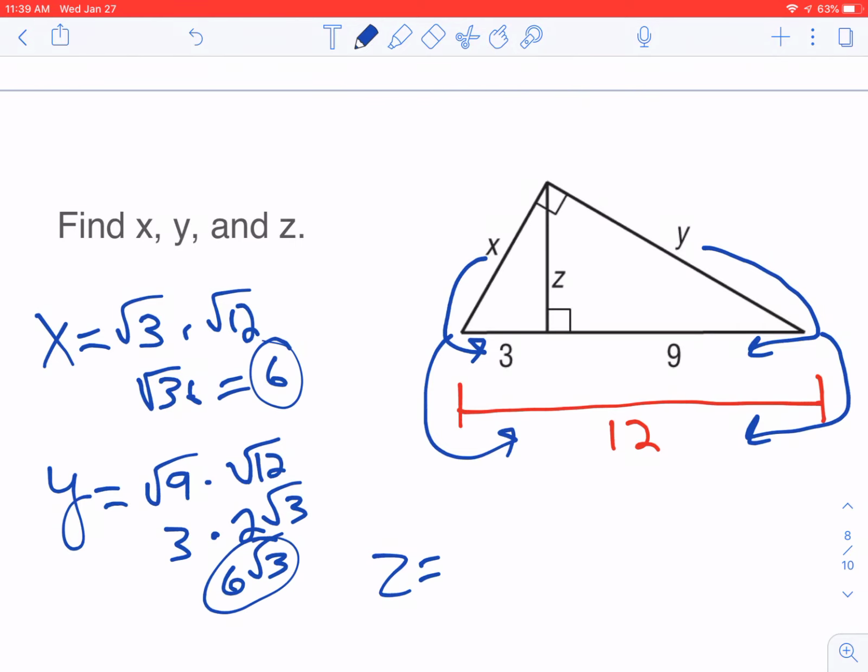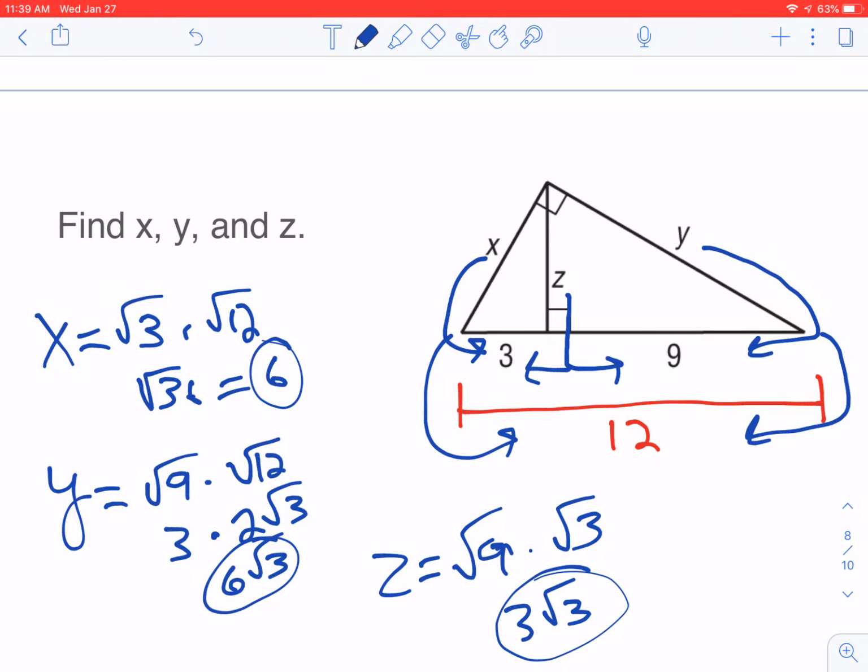And then z, I can't go through this bar, so I have to turn and turn. So z is root 9 times root 3. But I already see that 9 has a square root, so it is 3 root 3. So those are my 3 answers.